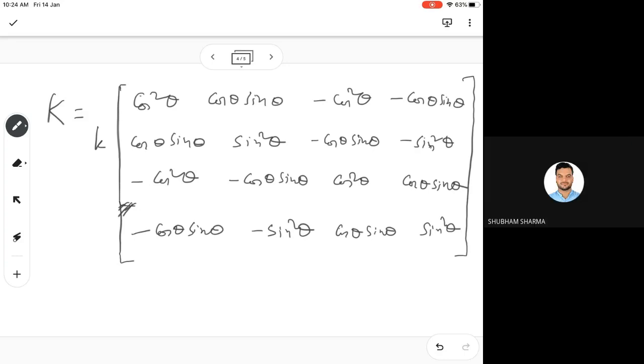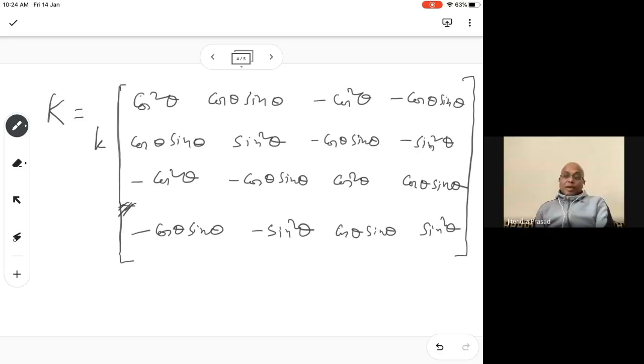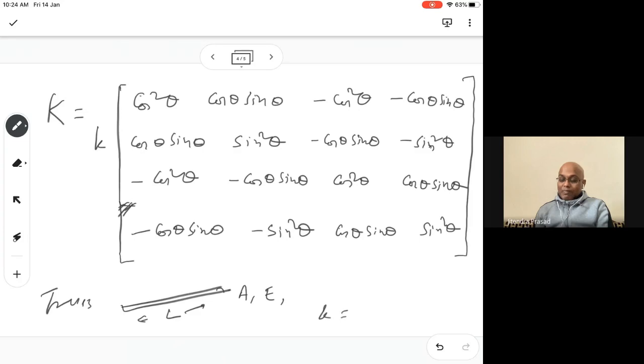Okay. So if instead of a spring you have a real truss, then you have a bar which has area A, the material has Young's modulus E, and length is L, then you can replace K by EA over L. And then you have the stiffness matrix for the truss element.